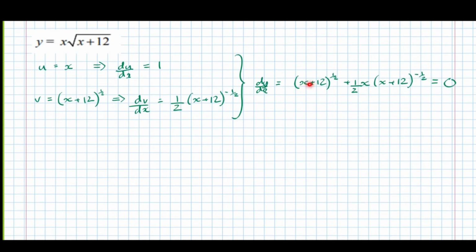We can see that we've got this x plus 12 in common. So we're going to take the smallest power that they have in common, which is (x plus 12) to the minus a half. So that's a common factor.